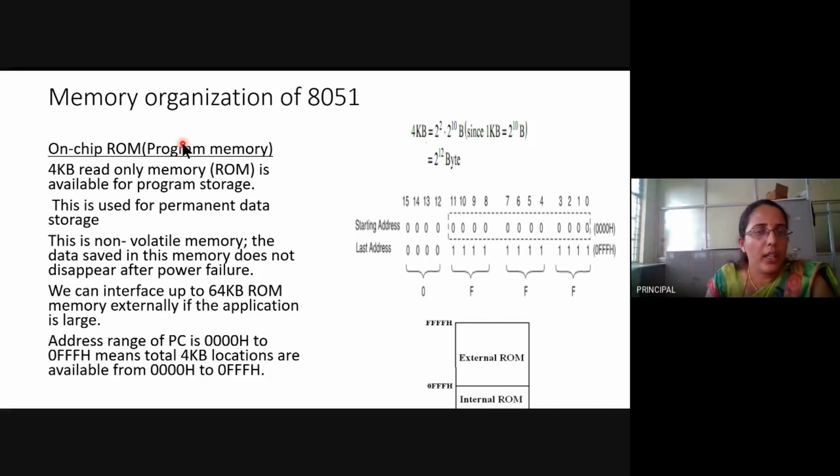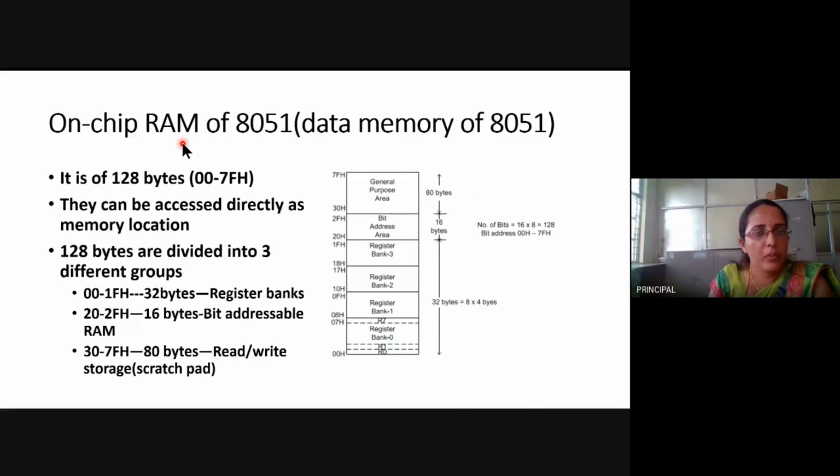Then you have on-chip RAM, random access memory, also called data memory. From the beginning, you have register banks, bit addressable area, and general purpose area. From 00 to 1FH, it is 32 bytes, and there are 4 register banks: register bank 0, 1, 2, 3.